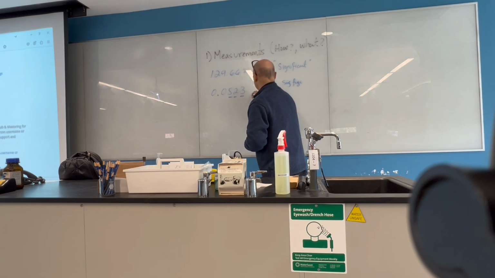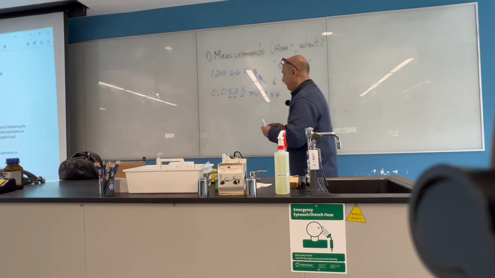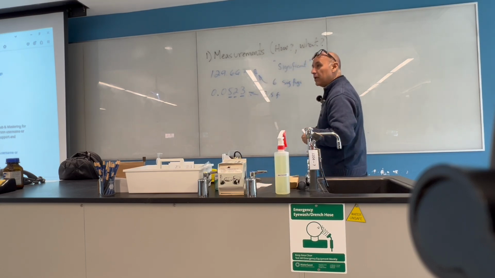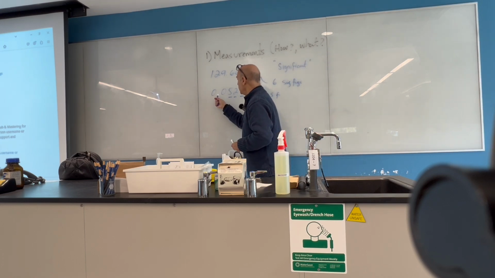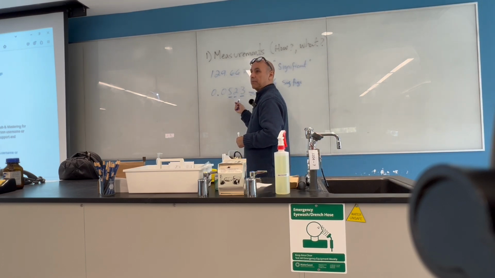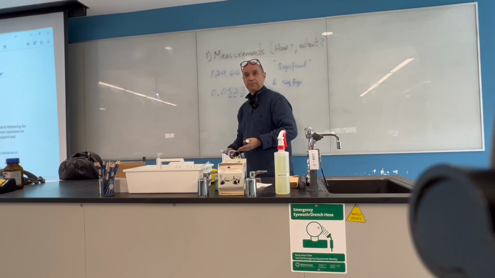So this guy has 3 sig figs. Why are the zeros not significant? Because they're only there to tell me how small the number is. They're placeholders.